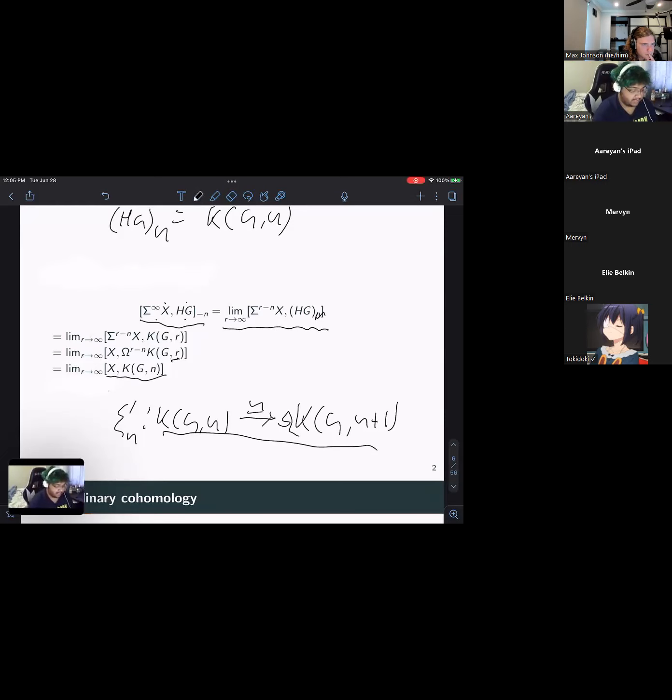So the entire thing ends up just being cohomology. What's the upshot of this computation? The upshot is that while I can represent cohomology in the CW complex category, I can also represent it in the spectra category.